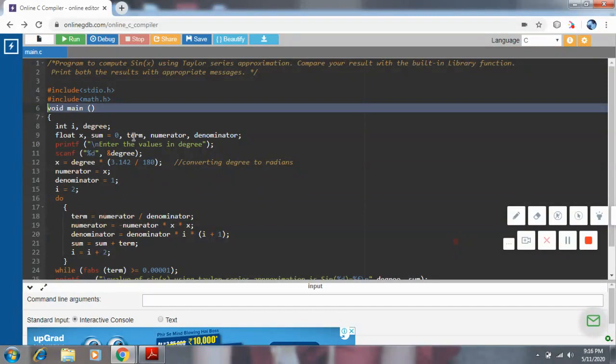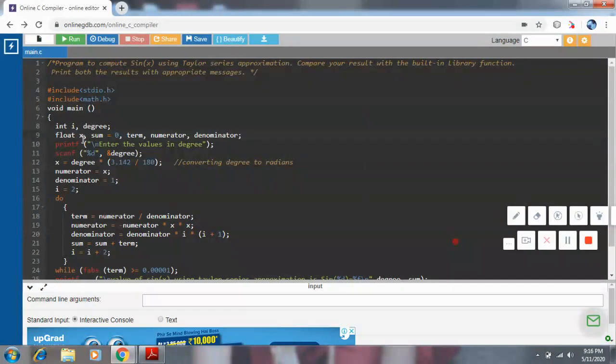Term, numerator and denominator are the intermediate result variables, whereas in sum we are calculating and storing the final value of the series. x is one more intermediate result storing variable.